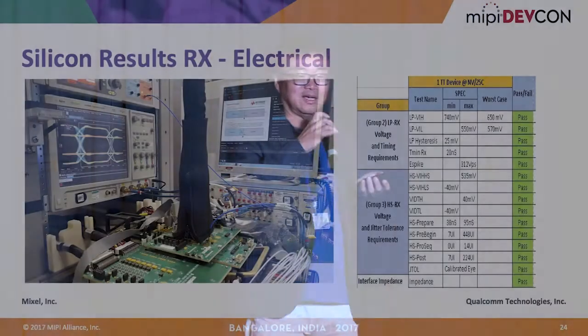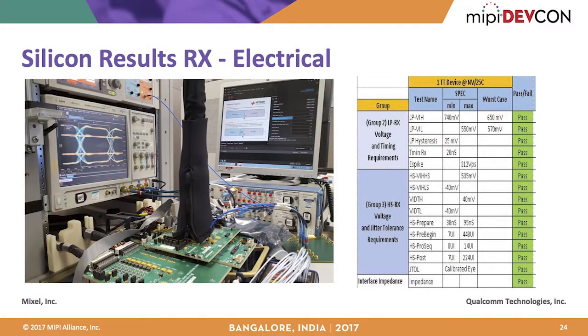For the RX side, right now we cannot see the received signal, so it's maybe a post-processed signal. On the RX side, we go two different ways. One is to check the electrical timing margin and electrical sensitivity through a logical test.